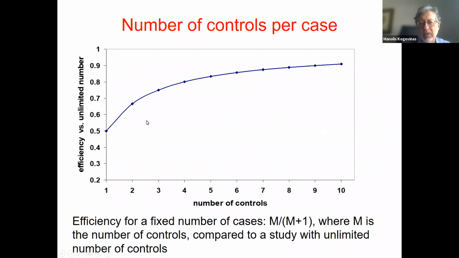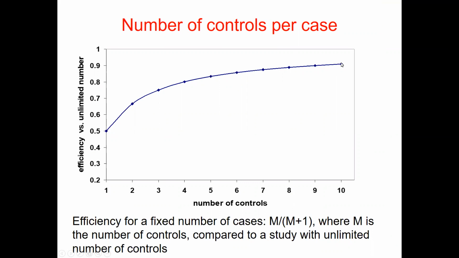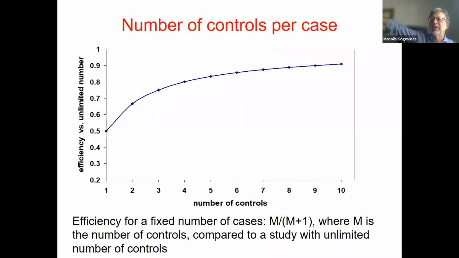And we know that because as you increase your number of controls per case, you have 1 per 1, you get a second, that's a pretty good increase in study power. But then as you keep increasing the number of controls per case, you don't gain a lot of study power. Think of going from 10 controls per case to 199,000.